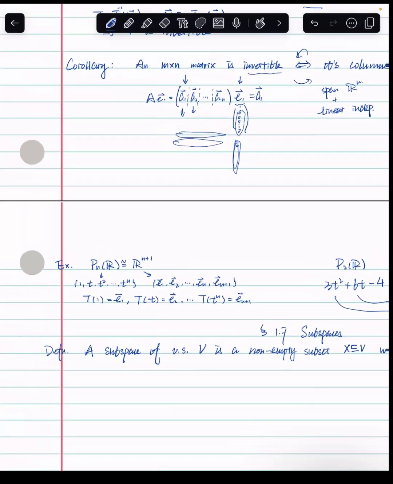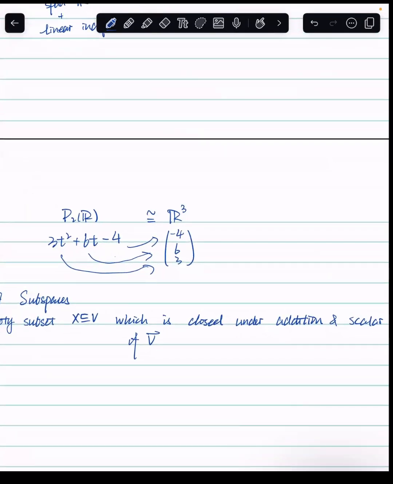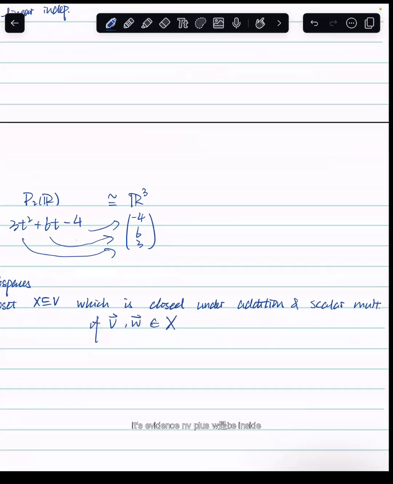So it means that if both V and W are inside of X, then V plus W should be inside.